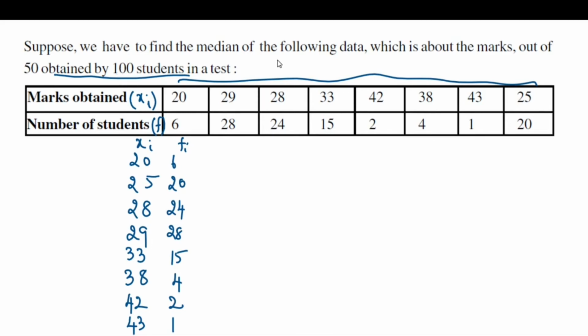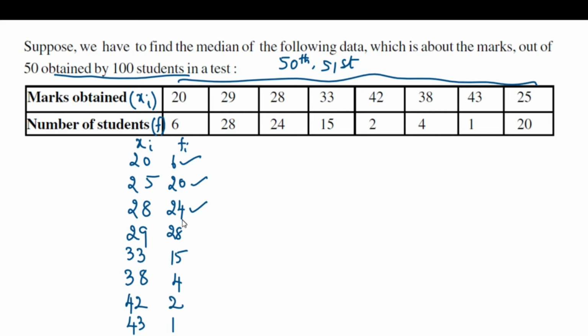So the middlemost observation is 50th observation and 51st observation. So we have to identify 50th observation here. So here we have 6 observations with value 20, 20 observations with value 25, 24 observations with value 28.